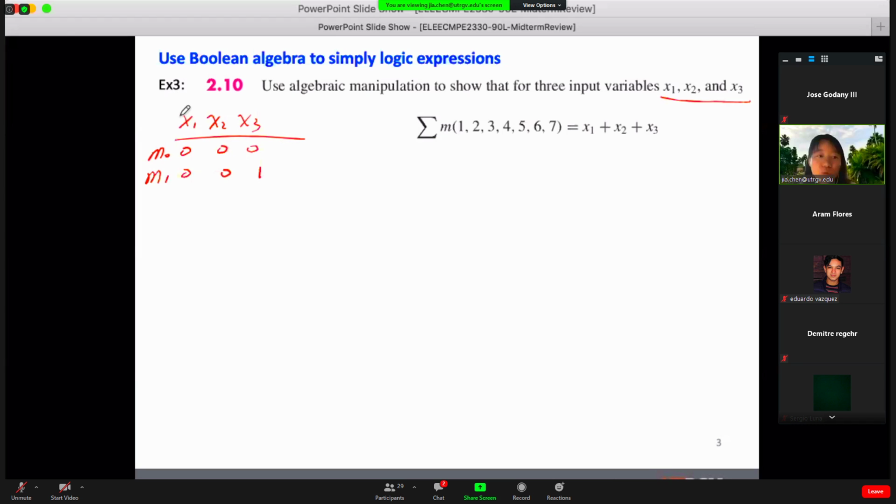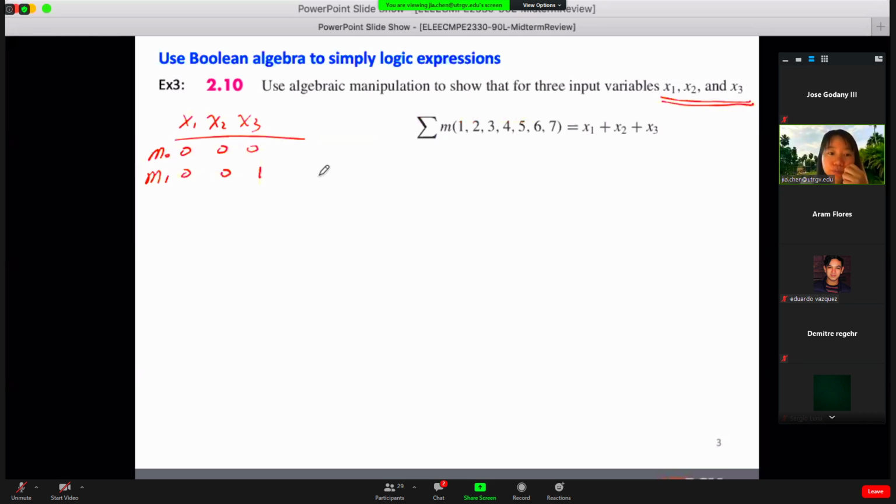Why do I put x1 on the most left? Because then you know M1 is x1 naught times x2 naught times x3, right? So you know what M0, M1, M2 represent. That's why, when I say three variables, the first one I mention is on the most left.